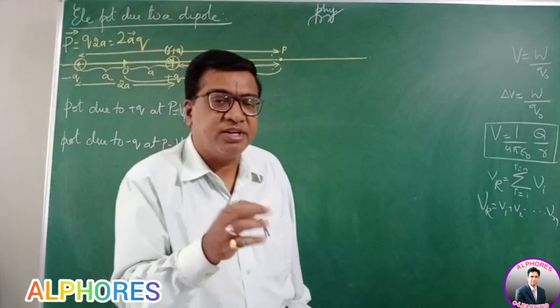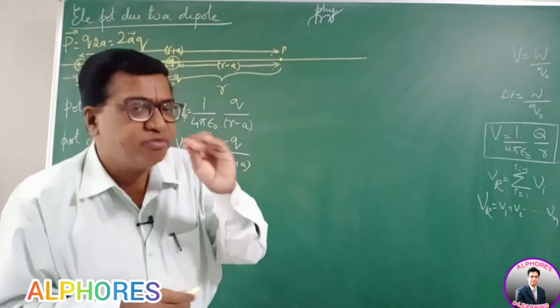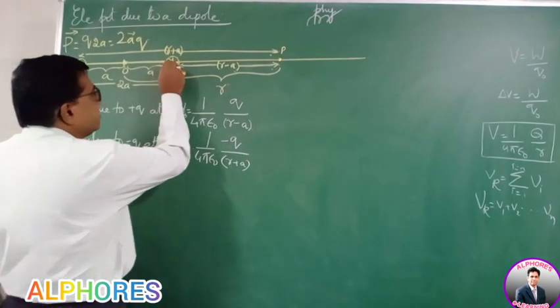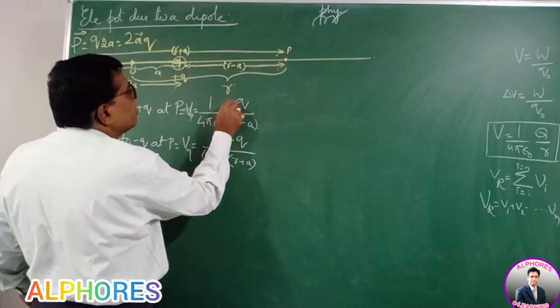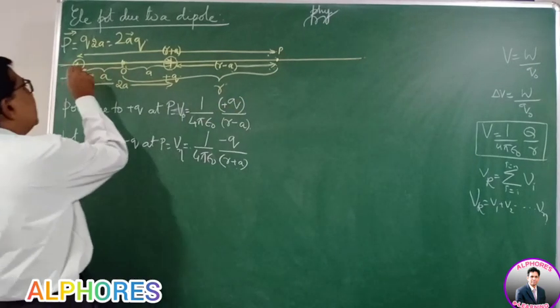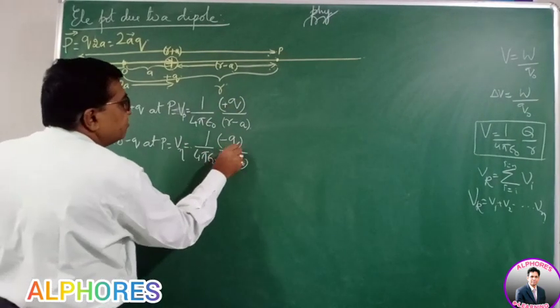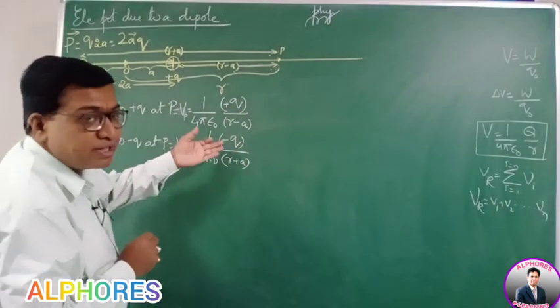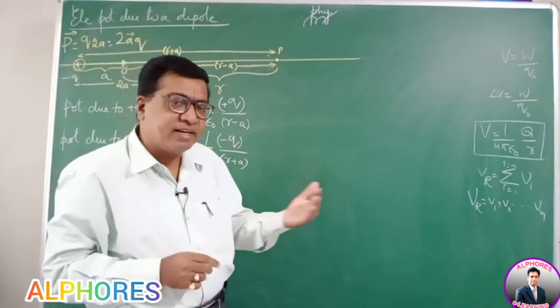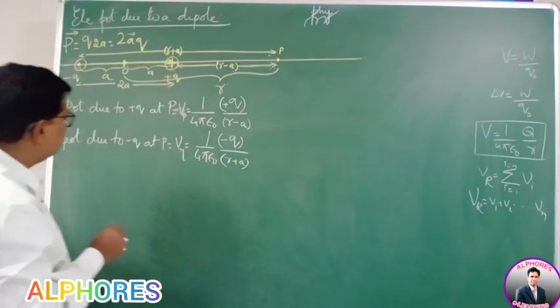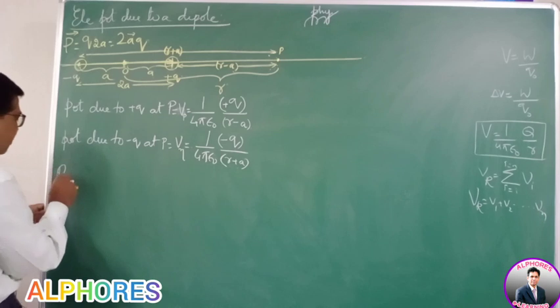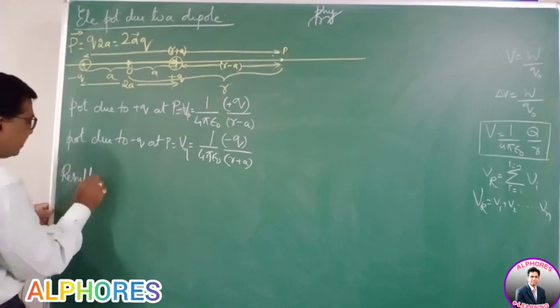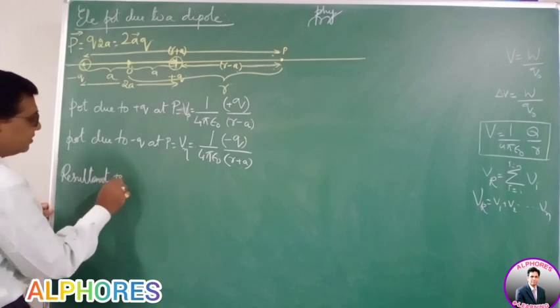It can be positive, negative and zero. From the positive charge, P is at r minus a, so this is plus q. But from the negative charge, it is minus q. So I have to take the respective charge: for positive, take plus; for negative, take minus. Then the resultant potential at P.